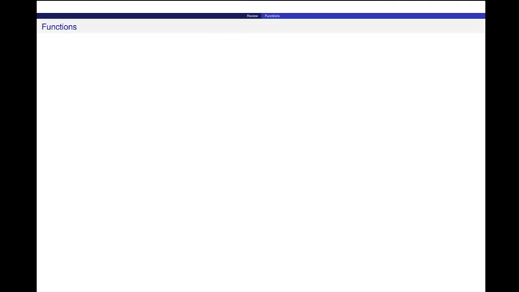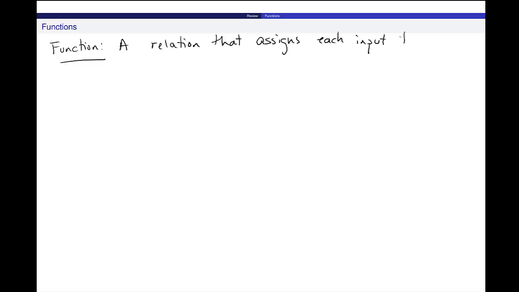When we move down to functions, a function is a relation, a correspondence between two sets that assigns each input to exactly one output.